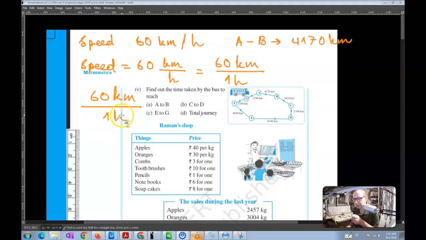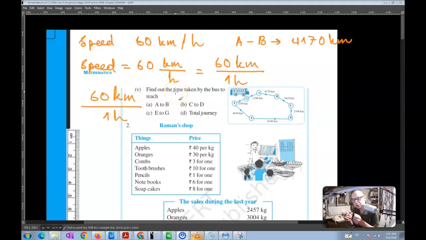Meaning that in 1 hour we are covering a distance of 60 kilometers. In 2 hours, which is twice 1 hour, we will cover a distance of twice 60 kilometers, which is 120 kilometers. In 3 hours, which is 3 times 1 hour, we will cover a distance of 3 times 60 kilometers, which is 180 kilometers, right?